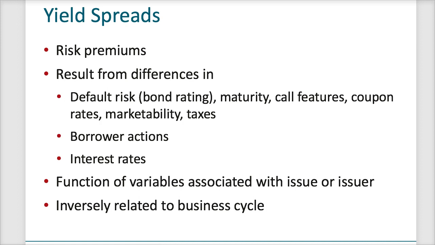Now, differences in time of maturity, of course, the longer time periods, you're going to have a greater amount of uncertainty and you should have a higher risk premium or a higher yield. Differences in call features. So a call feature is when basically it's like a corporation refinancing its debt, or it's like a homeowner refinancing their mortgage.